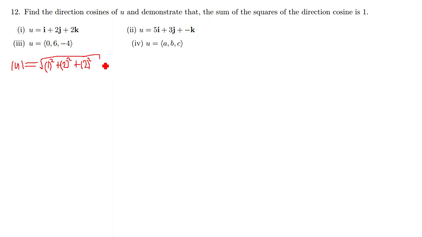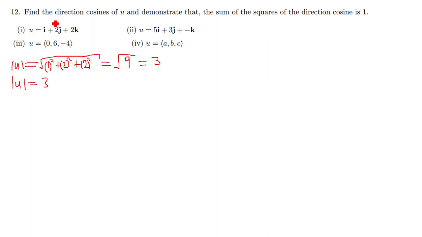So this will be 4 plus 4, which gives us 8, plus 1, that's 9. So the square root of 9 is just 3. So the magnitude of u is simply equal to 3.